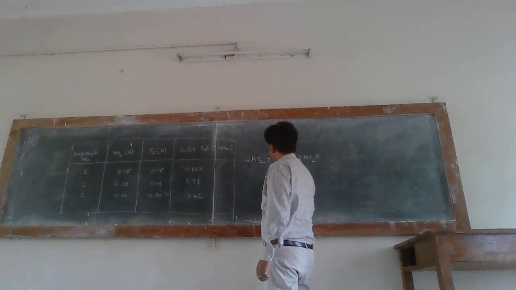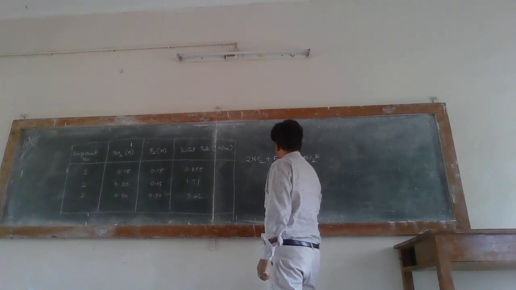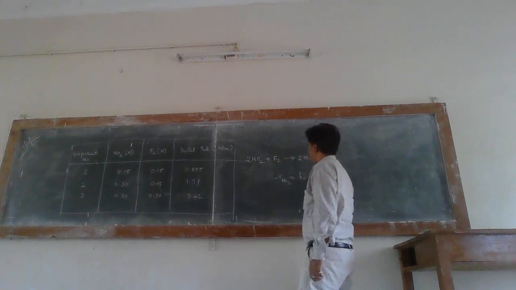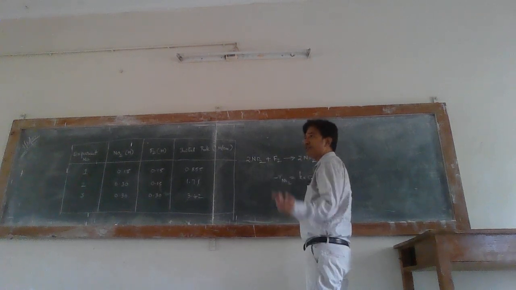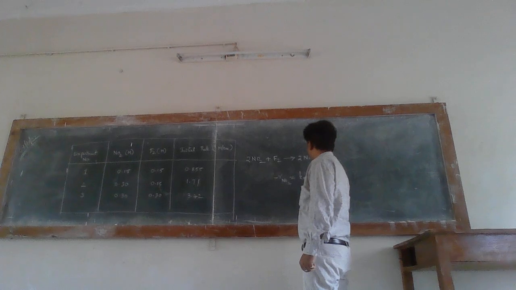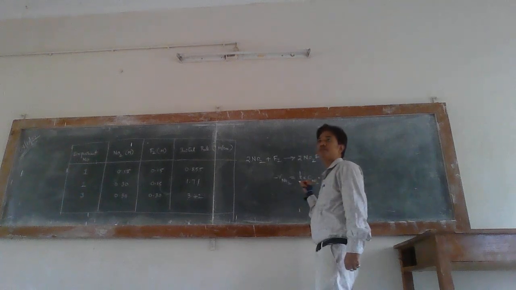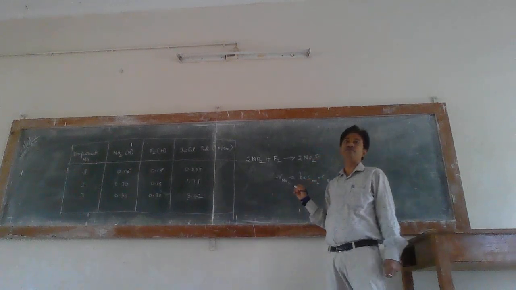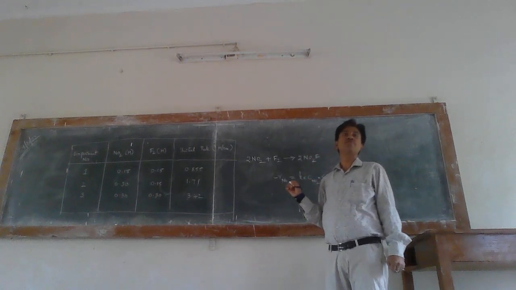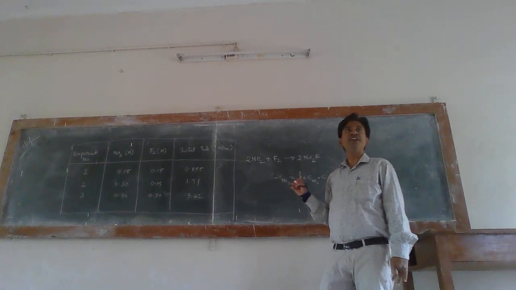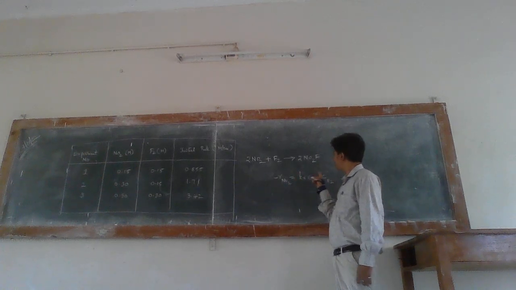Minus r of NO2 is equal to k times the concentration of NO2 into the concentration of F2. How many agree to keep power 2 here, power 1 here?